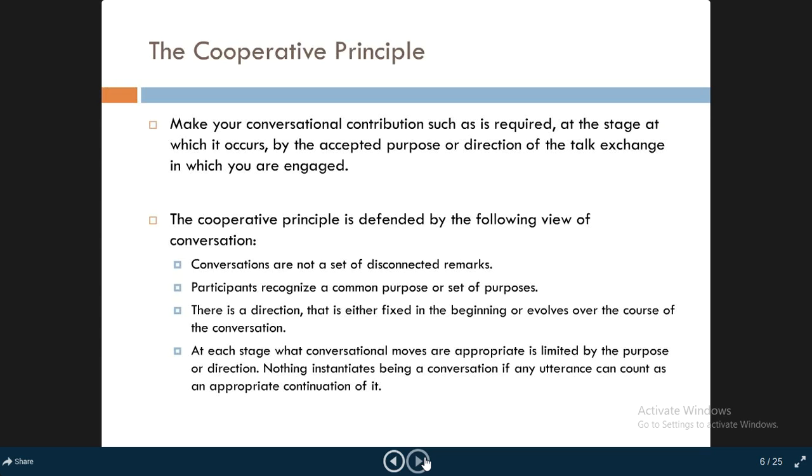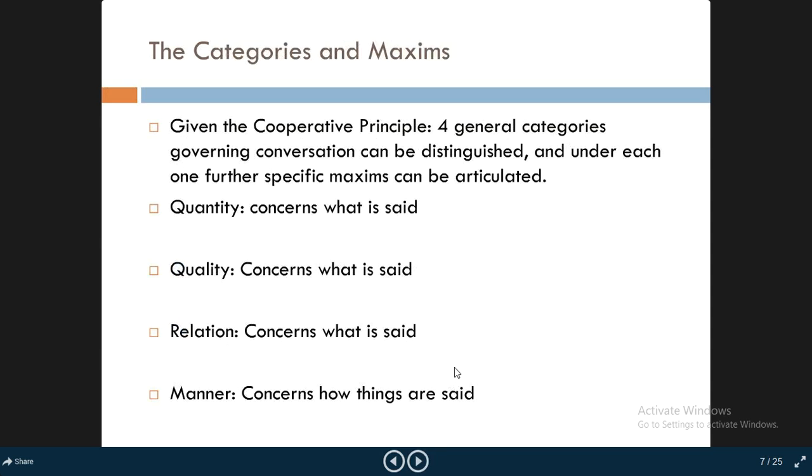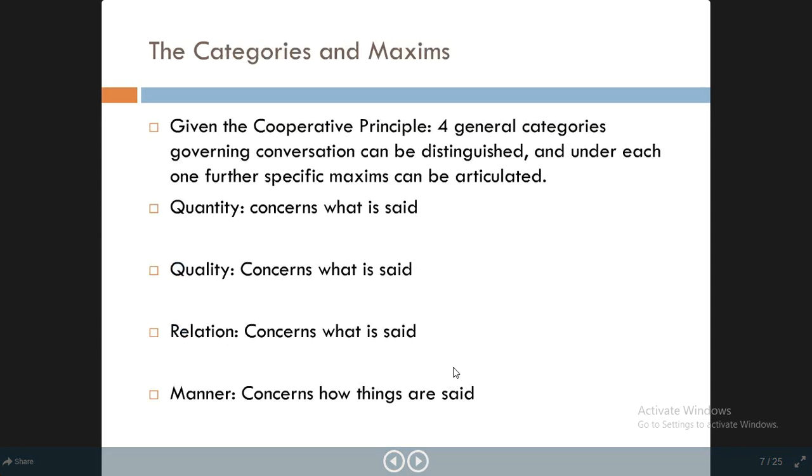So, in studying the cooperative principle, there are a few things that we can set up before we discuss further: the categories and maxims. Given the cooperative principle, 4 general categories governing conversation can be distinguished, and under each one further specific maxims can be articulated.